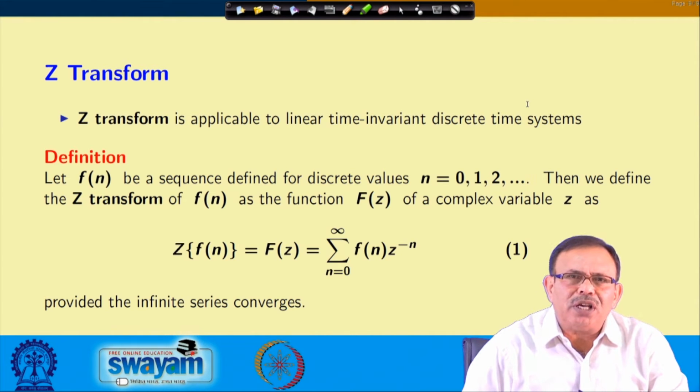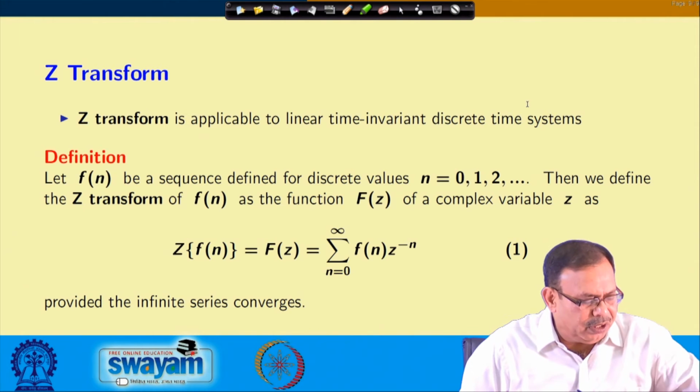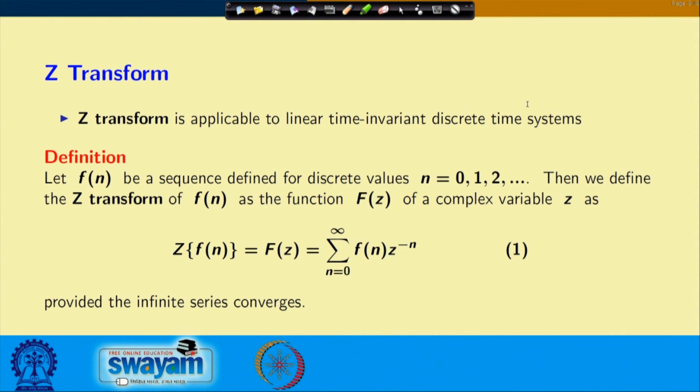Obviously, the series has to converge. So, therefore, the Z transform of a function f n is defined as summation n equals 0 to infinity f n z to the power minus n, where the infinite series must converge.